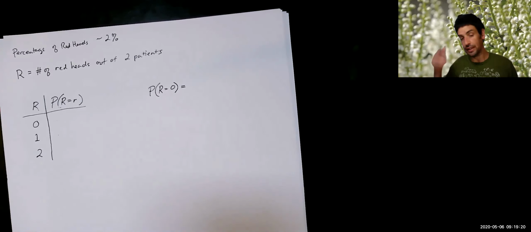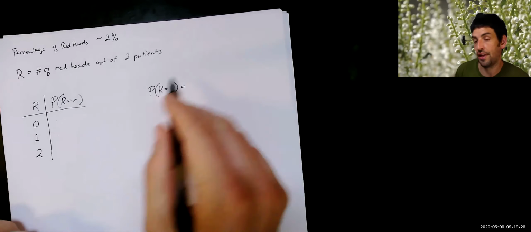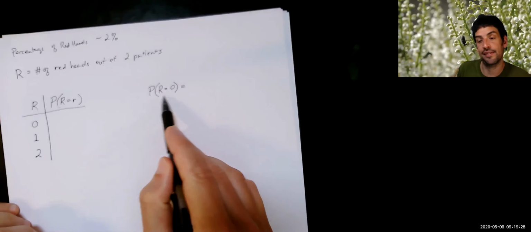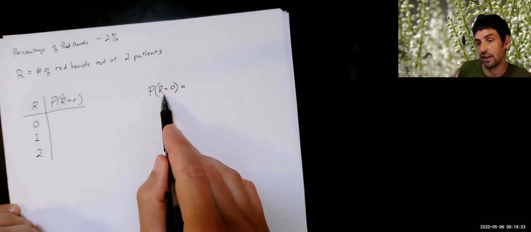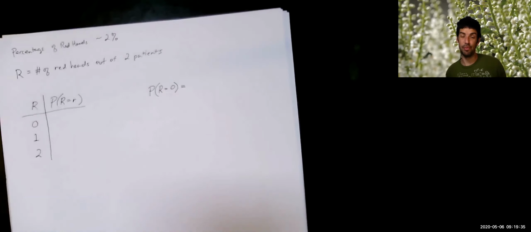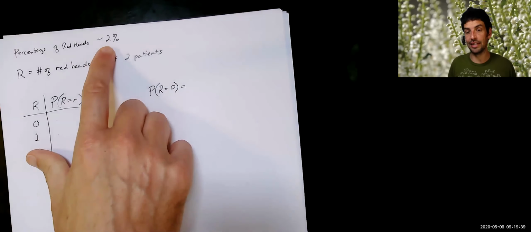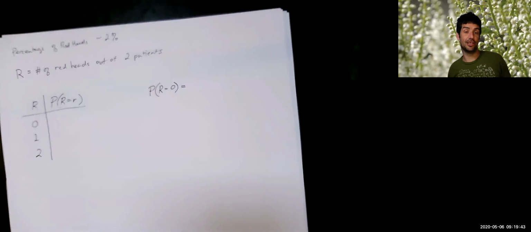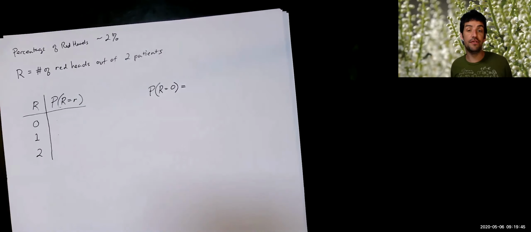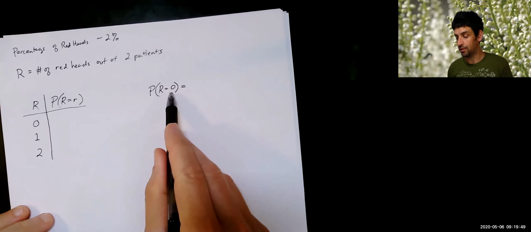So what I'm going to do is create some events that I can break this event up into. The event R equals 0 is the event that both patients aren't redheads. I don't know the probability of both patients not being redheads. What I do know is the probability of an individual person being a redhead. So I'm going to break this into what it means for each individually.